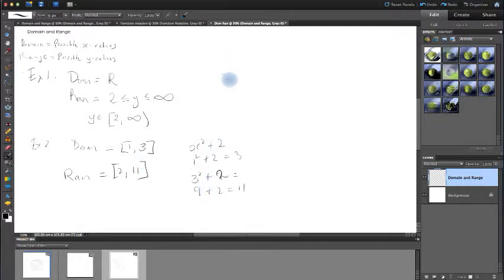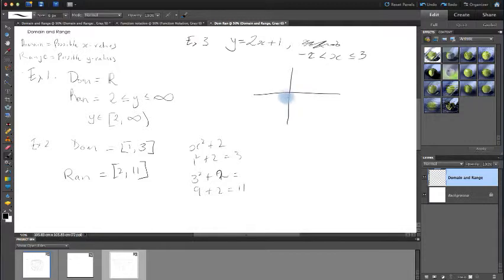So let me just do another very quick example here. Example 3. Let's suppose we have the equation y equals 2x plus 1, for x larger than minus 2, and x smaller than or equal to 3.